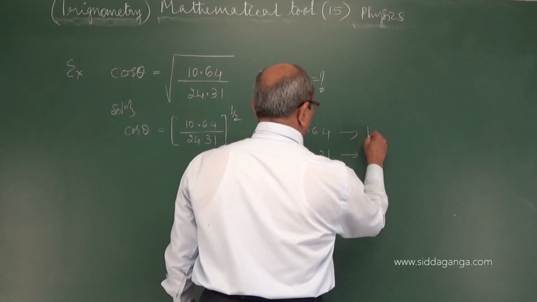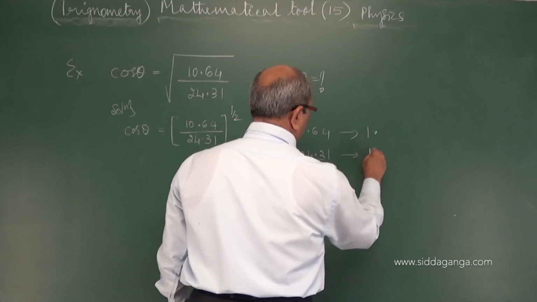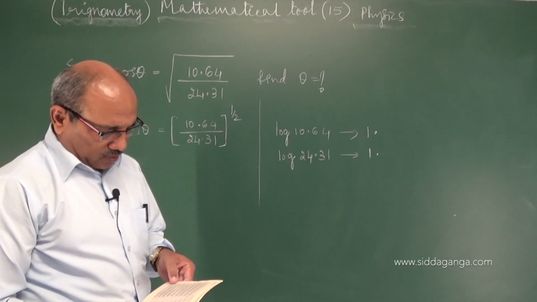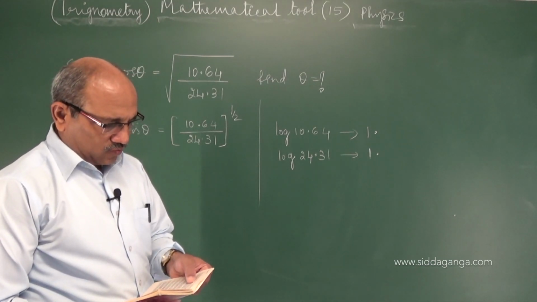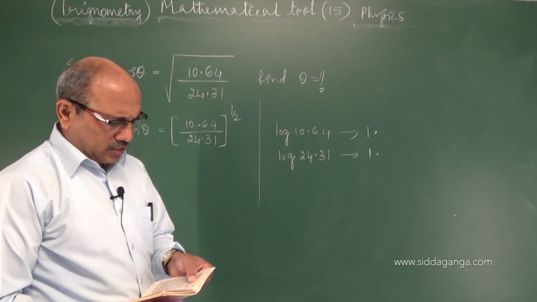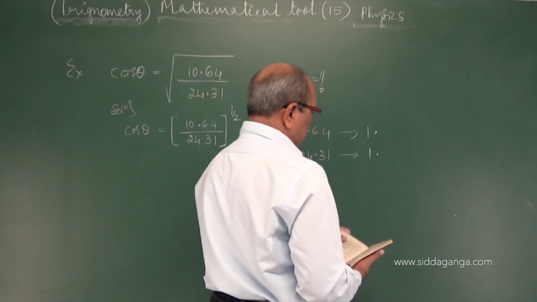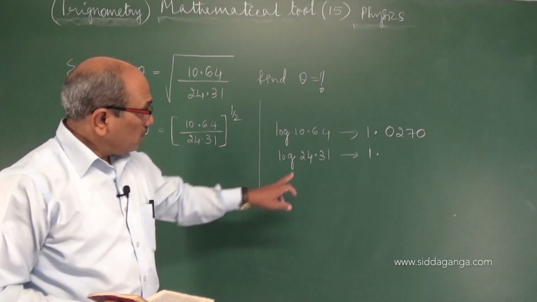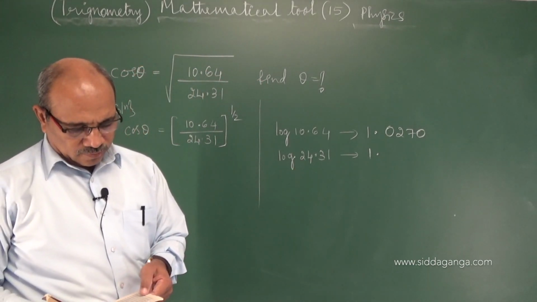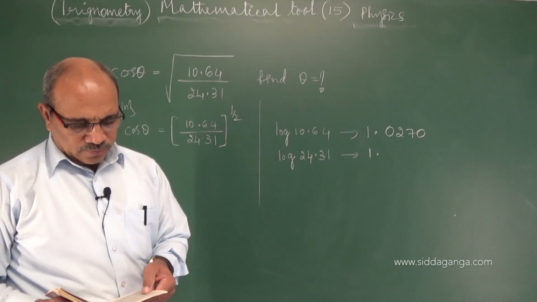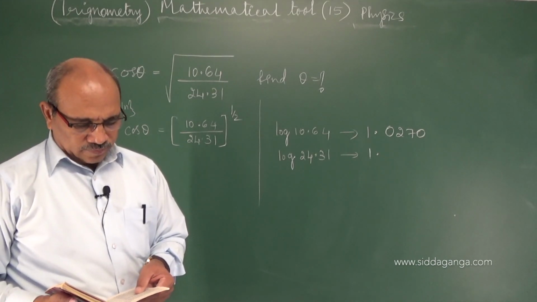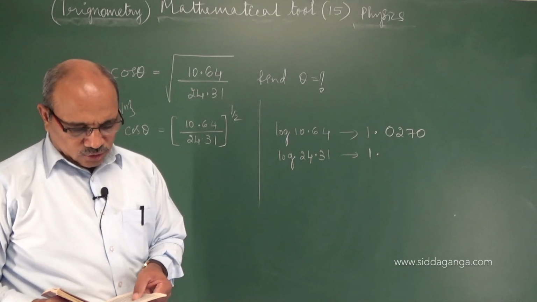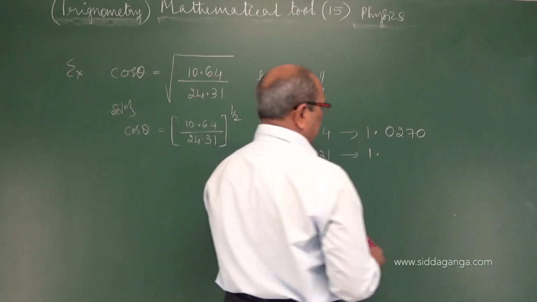It is 2 digits, characteristic is 1, 2 digits, characteristic is 1. 10.64 is 17, 53 plus 17 is 70, 0 to 70. 24.31. 24 3 is 3856. 1 is 2. 3856 plus 2 is 3858.